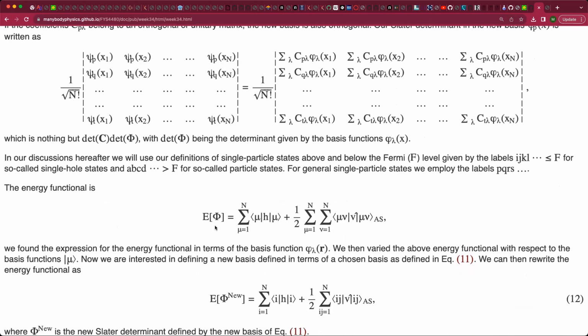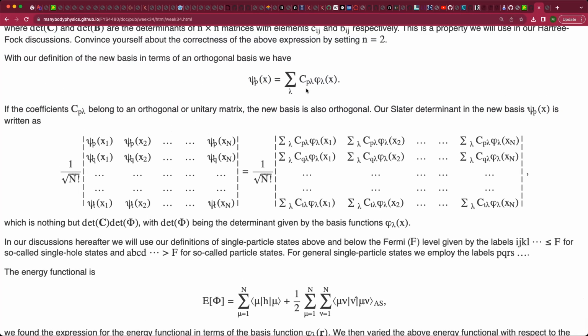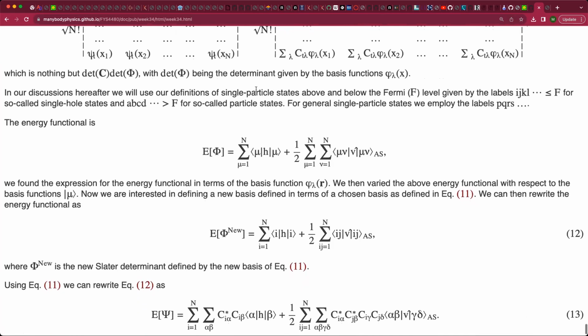Now, when you calculate with a new Slater determinant, the only thing which changes from this expression to that one is that you have a new basis. However, the new basis, the Roman letters related to the Greek ones, are now related via a transformation like this. So my original basis is this with Greek labels and the new one is Roman letters.